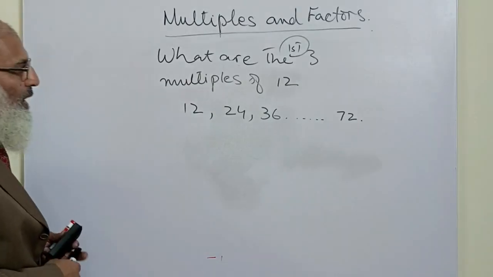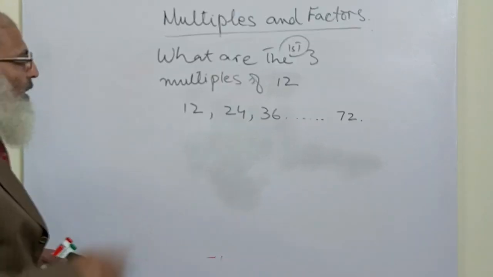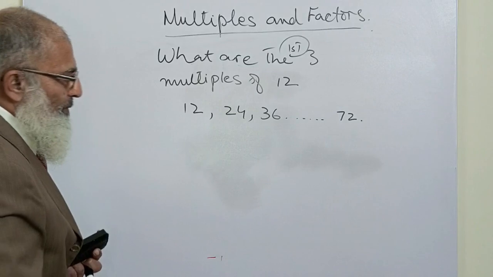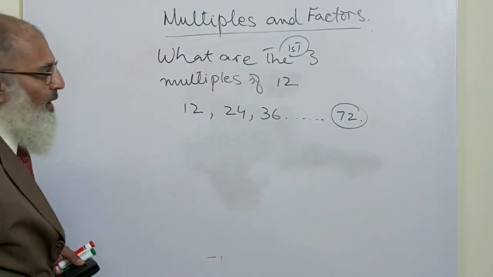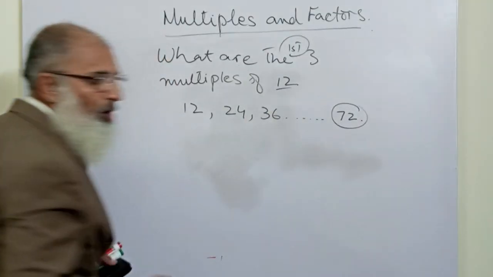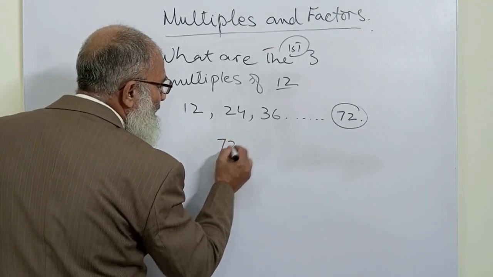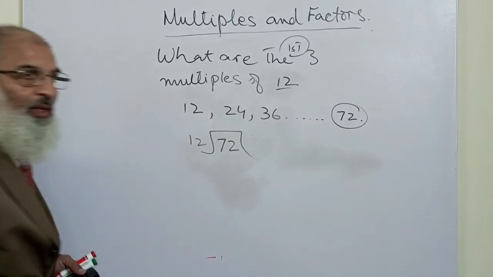Well, students, now I am going to give you a reverse example of this. If I want to know whether a given number, now I have written here 72, is a multiple of 12 or not, to check this we just divide it.